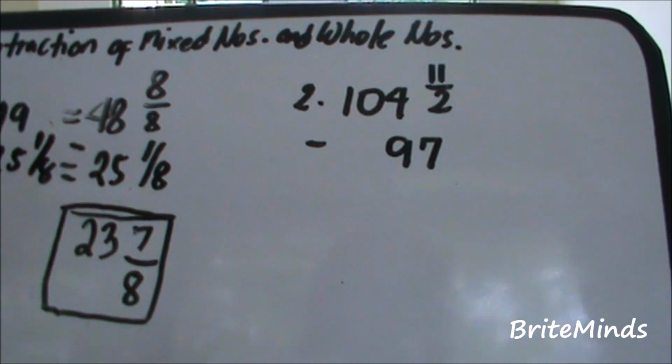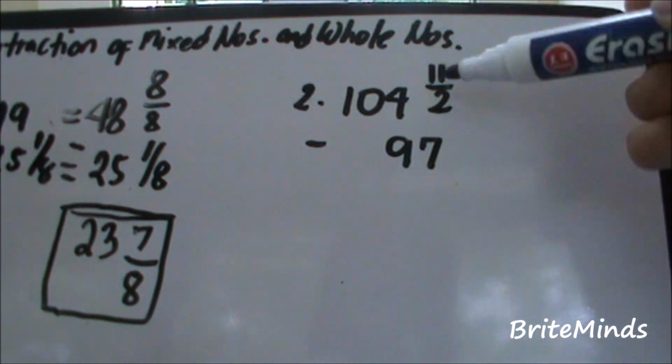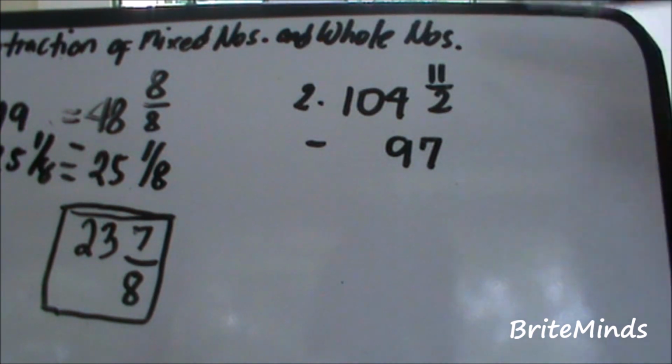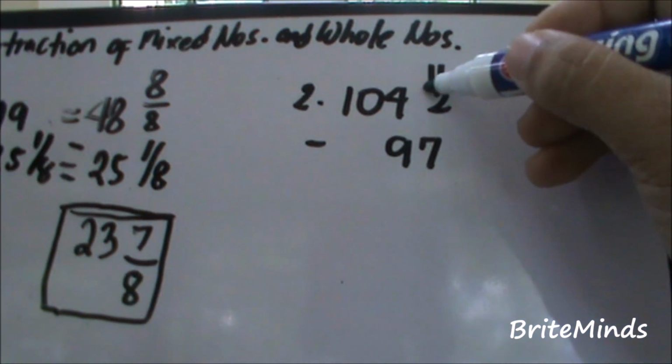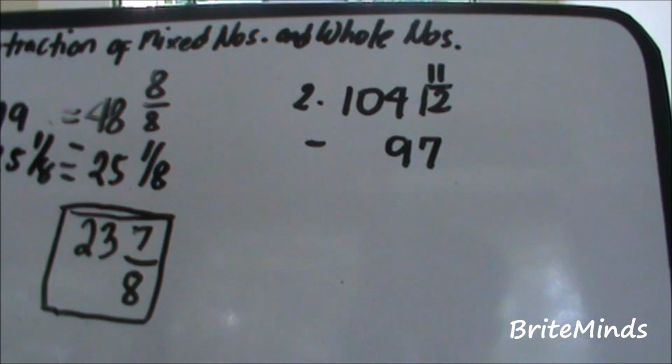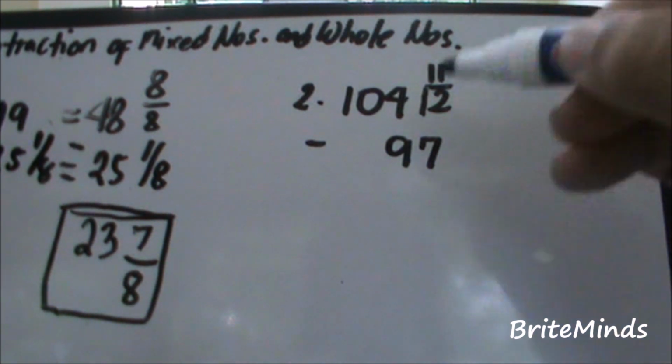To subtract a whole number from a mixed number, simply subtract the whole numbers and copy the fraction. Example, we have here 104 and 11 over 12 minus 97.